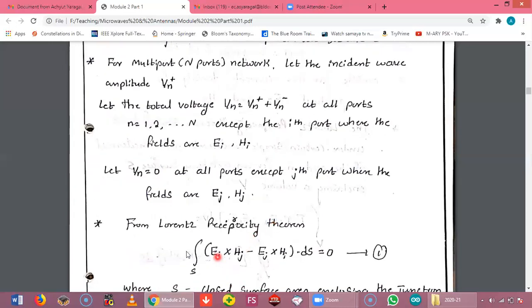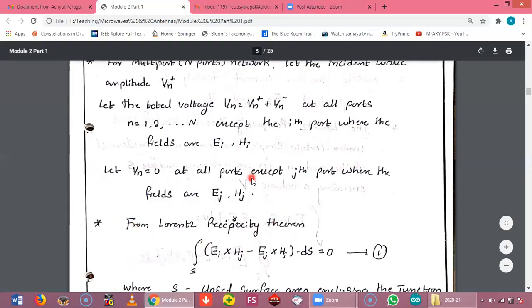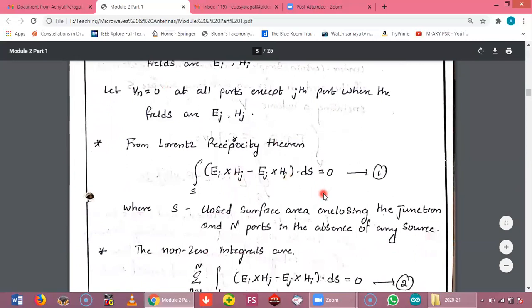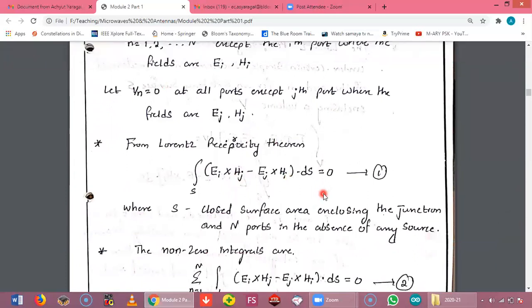From the Lorentz reciprocity theorem, we can use these two conditions to write equation number 1: the integral over S of (Ei cross Hj minus Ej cross Hi) dS equals 0. With the help of the above two conditions we formulate equation 1.